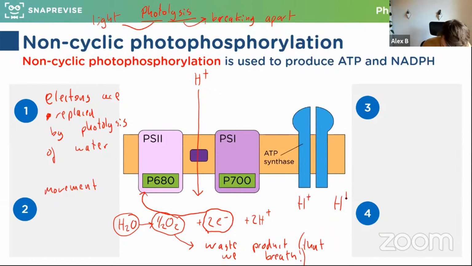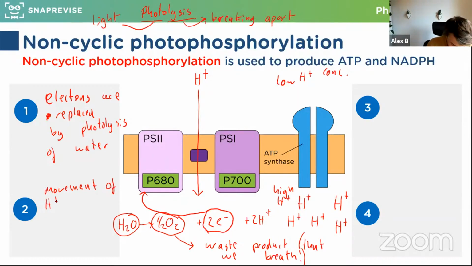So I'm going to draw them over here. We've got a concentration gradient: high H plus concentration, low H plus concentration. So let's add that label.